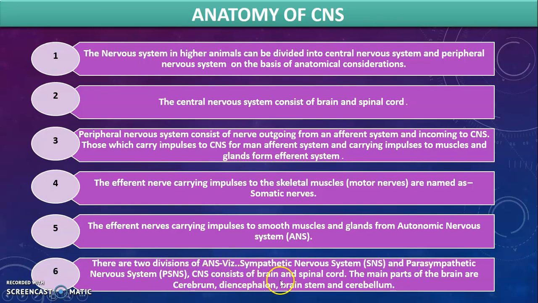The central nervous system consists of the brain and spinal cord. The main parts of the brain are cerebrum, diencephalon, brainstem, and cerebellum. These are the four parts of the brain, and our CNS consists of the brain and spinal cord.